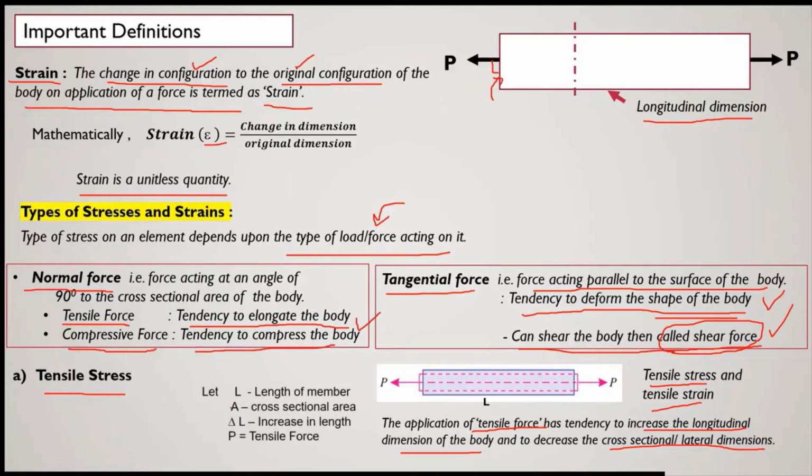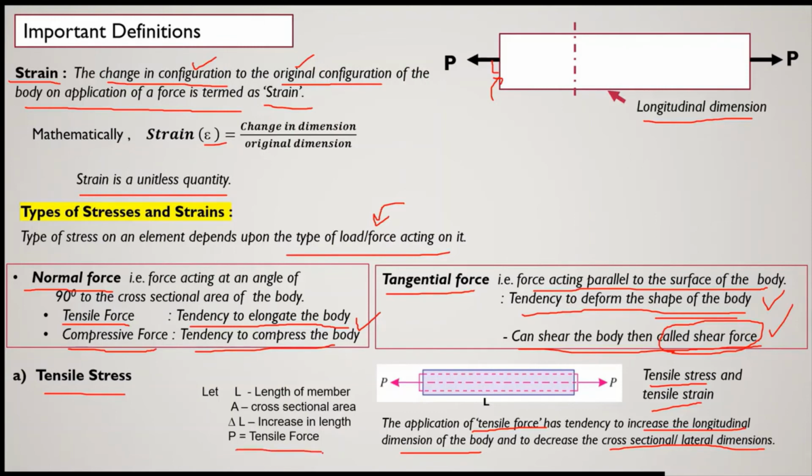Now let us formulate this tensile stress. So here in this figure, let us suppose L is the length of the member, A is the cross section area, that is the lateral surface area on which a normal force is acting. Suppose delta L is increase in length. This increase in length from both sides, if you add up, let us suppose it is delta L. Delta L means very small increase in length.